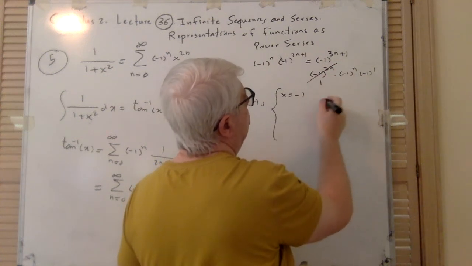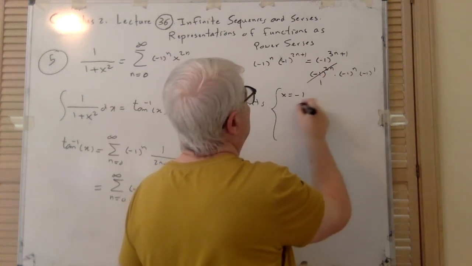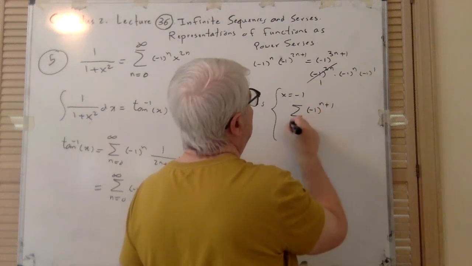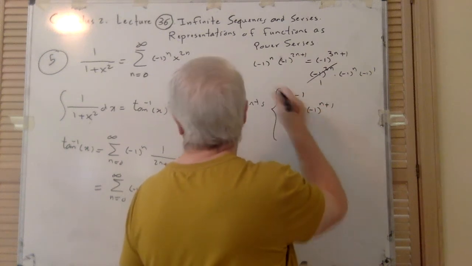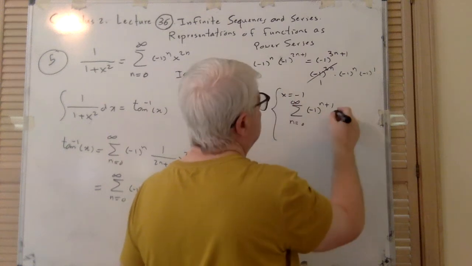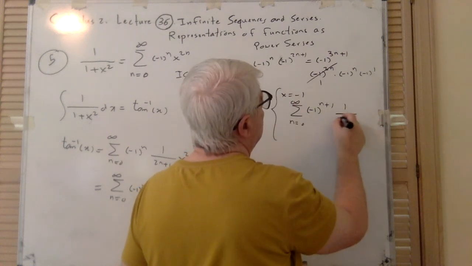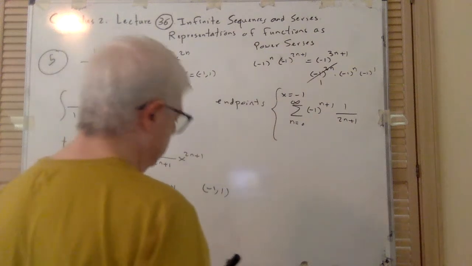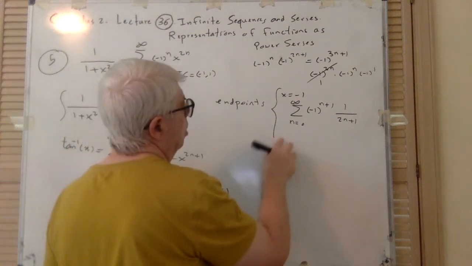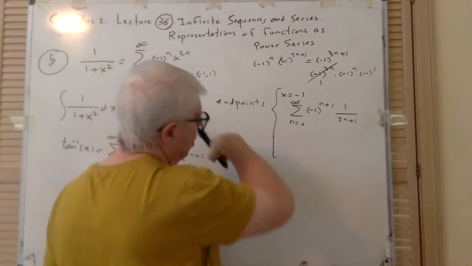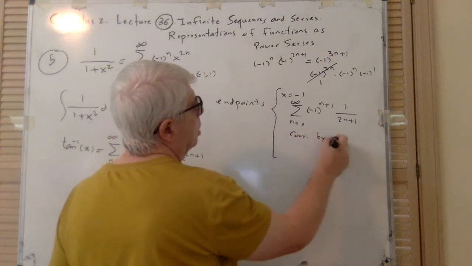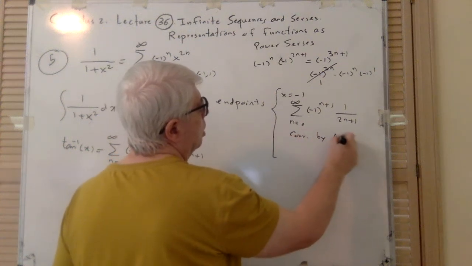So at this point I have a sigma, negative 1 to the power n, n starting at 0 going to infinity, of 1 over 2n plus 1. Okay, so this is convergent by AST.